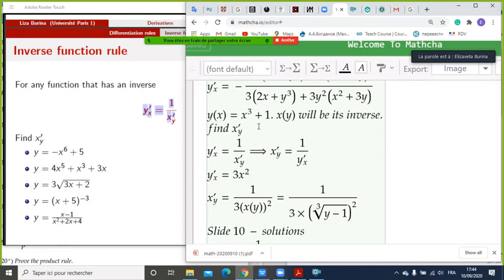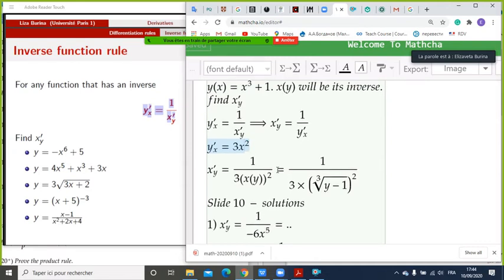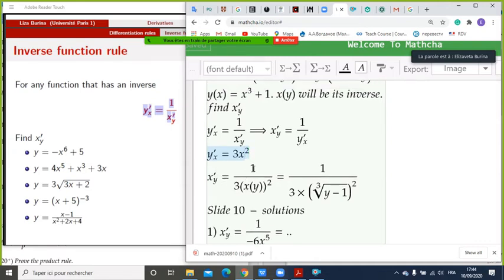What I did first was I found the derivative of y in terms of x, wrote it. Then I said that x prime y will be 1 over this derivative, and only on the last step I substituted x by its expression in terms of y.